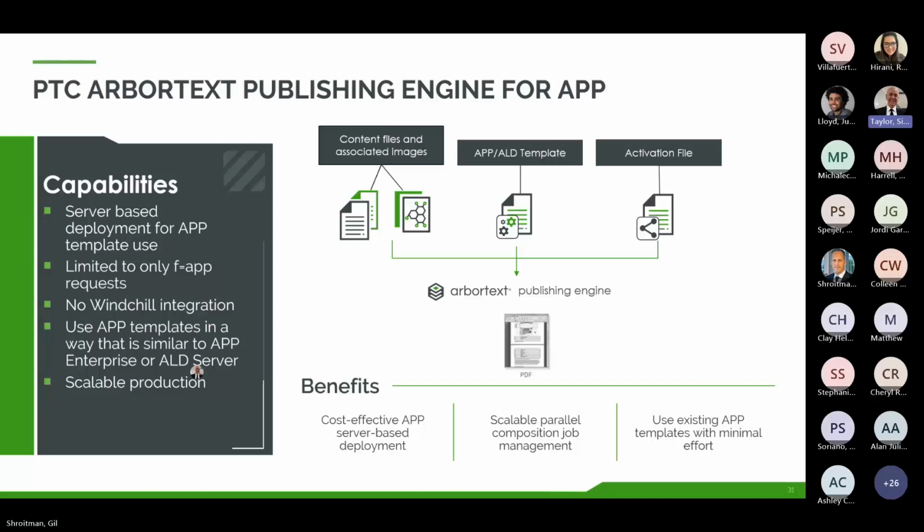And the return from that is an HTML file which states whether the job is successful or not. The success criteria are whether the output files are where you've asked them to be. It's not whether the job is finished or not. Okay, so this is a very specific version of Publishing Engine for the ALD users to be able to deploy a managed server with scalable production facilities on their systems.